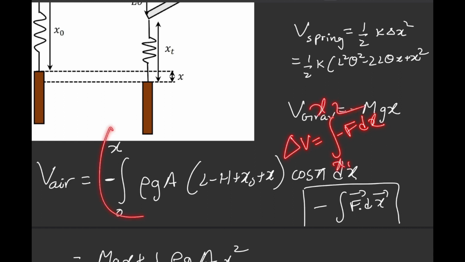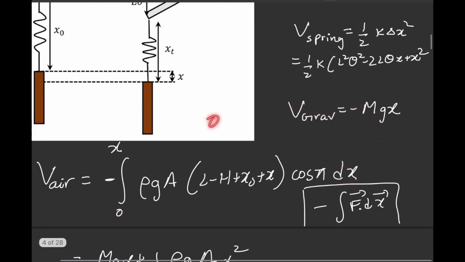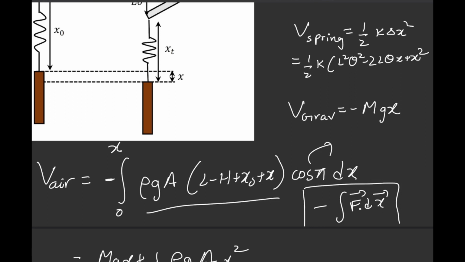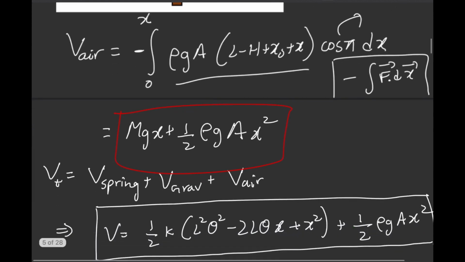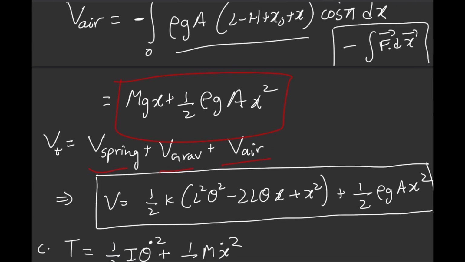So that is what I am essentially writing here. I am integrating from 0 to x, as initially it was at its equilibrium position. So that just gives us minus rho g A (L minus h plus x naught plus h) cos pi, as the directions are opposite. The force is upward and the displacement is downward. So we have got the V of the water as well, and then we have got the V of spring, V of gravitation and V of air.